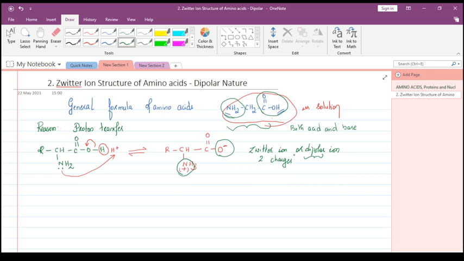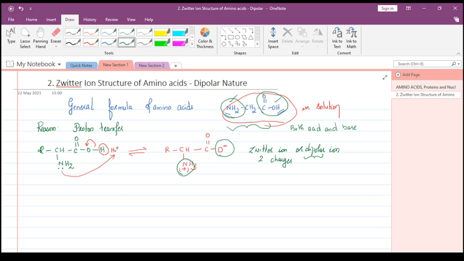Once more, in solution, amino acids exist as charged particles. Why are they able to exist as charged particles? Because amino acids contain both a basic group and an acid group, and because of this an internal proton transfer takes place. The oxygen, which is more electronegative, attracts the bond pair of electrons towards itself.